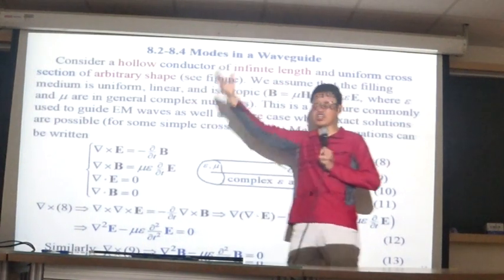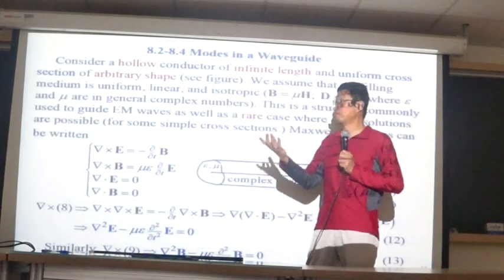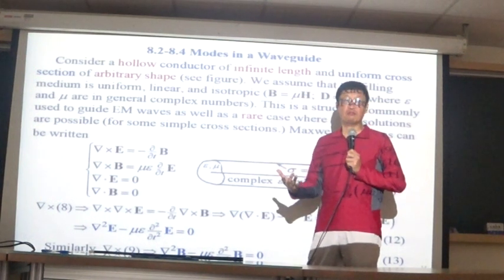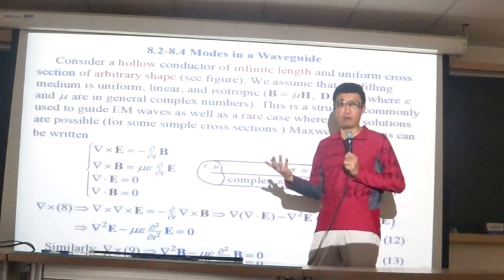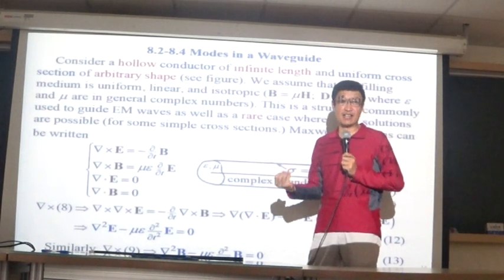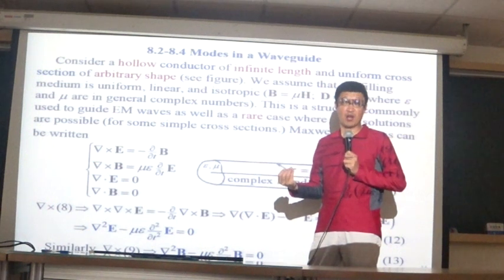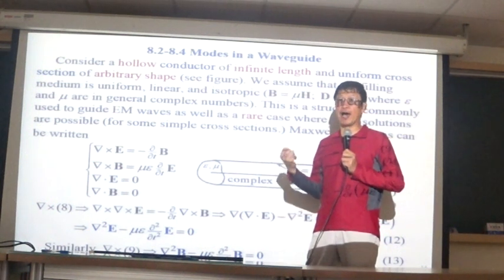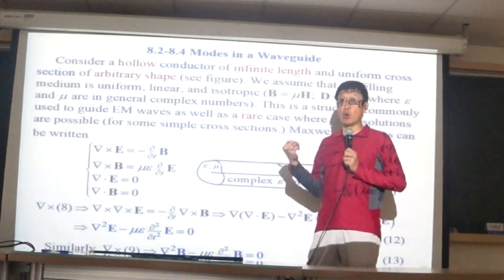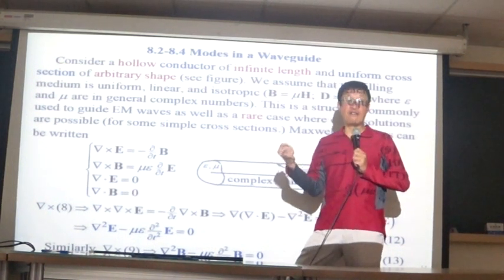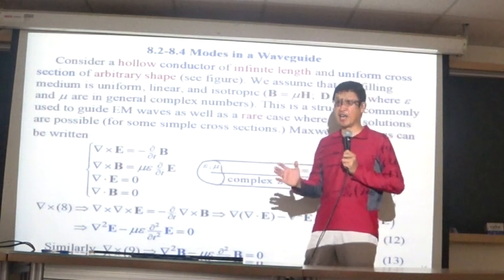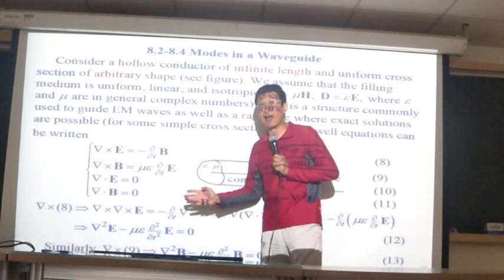The conductor is outside. Inside, maybe air, maybe nothing, maybe vacuum, maybe dielectric material. Normally, there is nothing inside. Occasionally, we will have some dielectric material or some ferrite material inside. But for most cases, nothing inside.